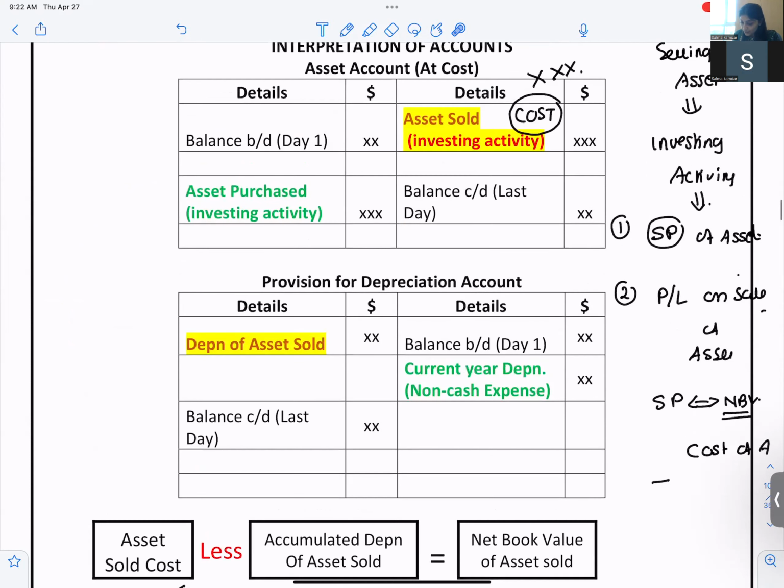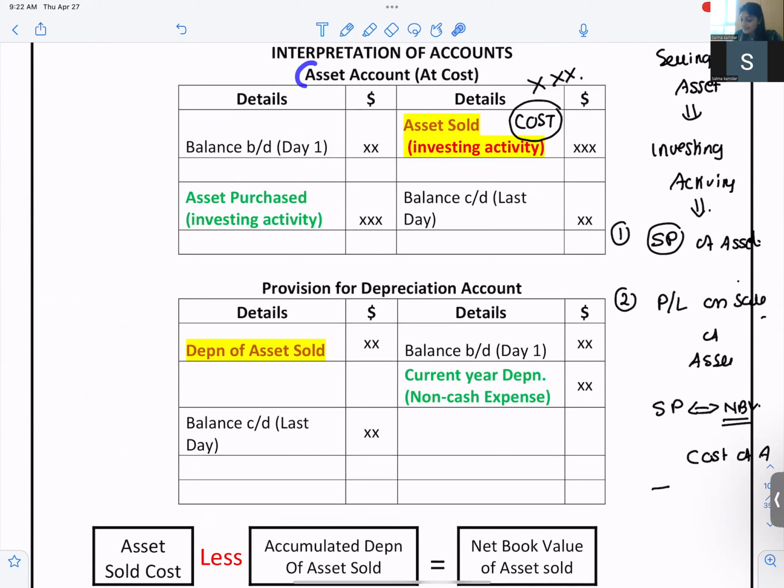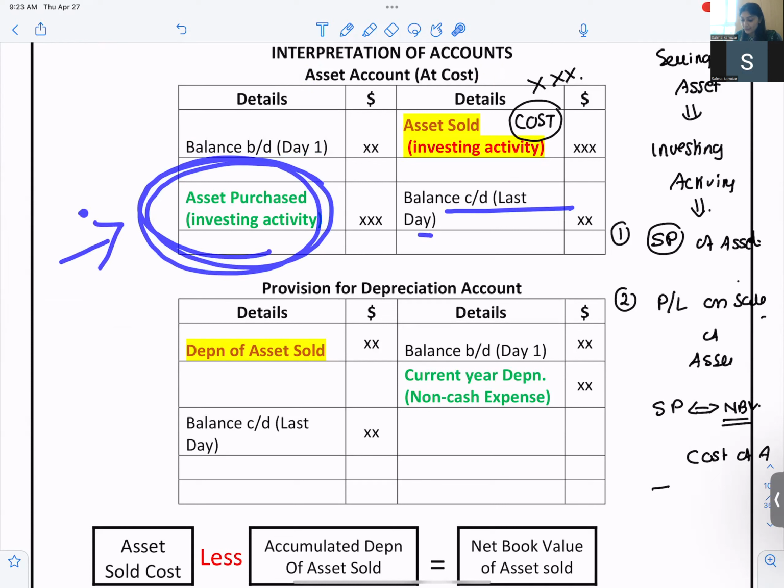So if you look clearly, your asset account is maintained at cost. This is the opening balance at cost. This is the closing balance at cost. When you're purchasing an asset, this is an investing activity. Your money is going out.